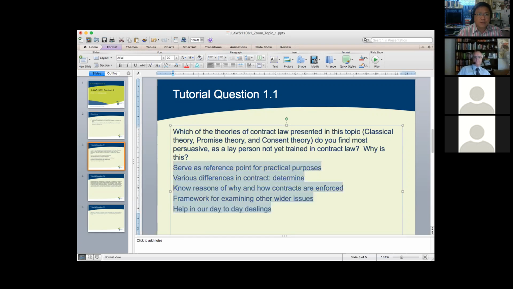Now there's an interesting point here that was stated by at least two of you, and it has something to do with the use of theories as a framework for examining other wider issues. Can somebody try to explain that?